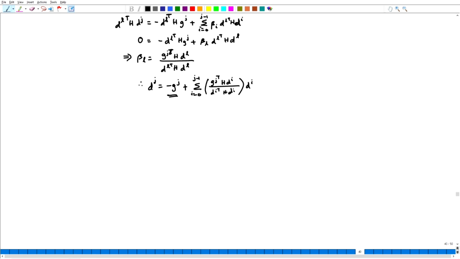Okay. But one thing is this can actually be simplified. So, this again seems to be not an easy formula to calculate, right. So, we can simplify this. How do we do that? Note that we know x I plus 1 is x I plus alpha I d I, right.